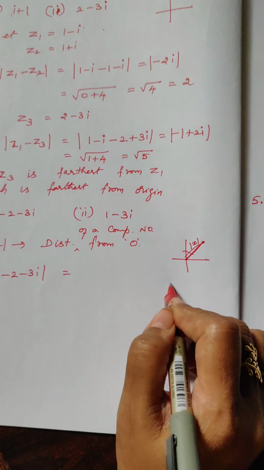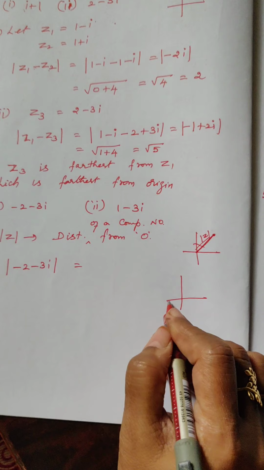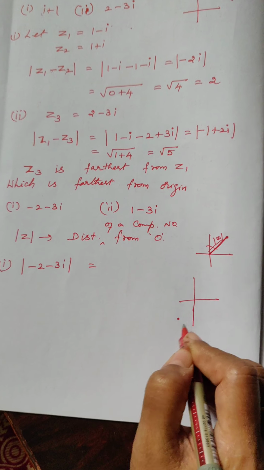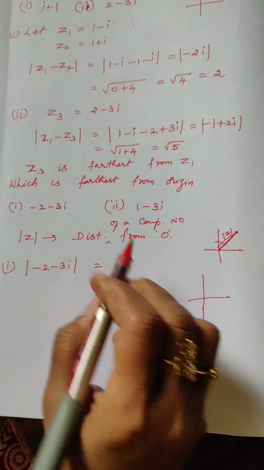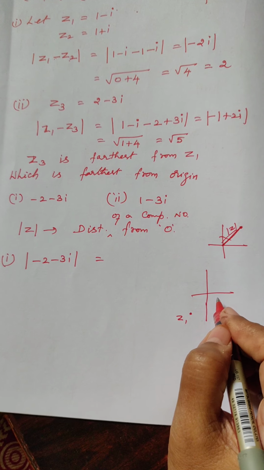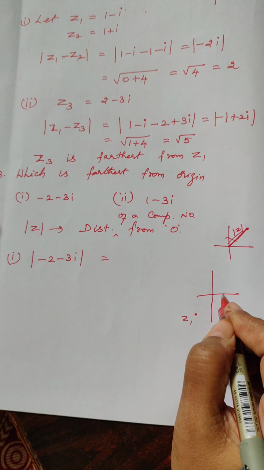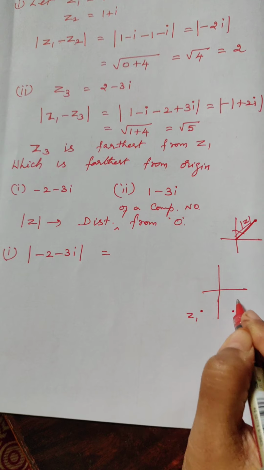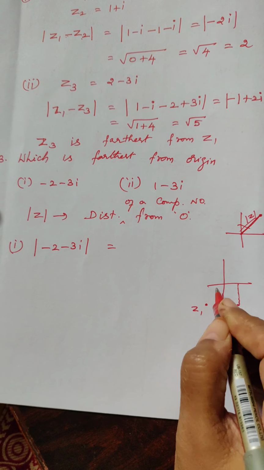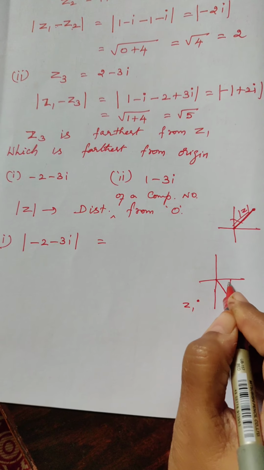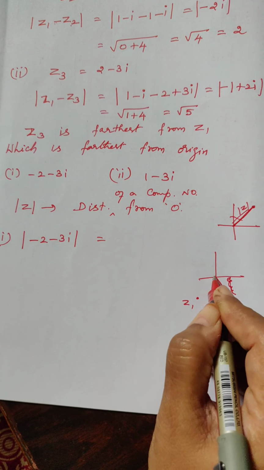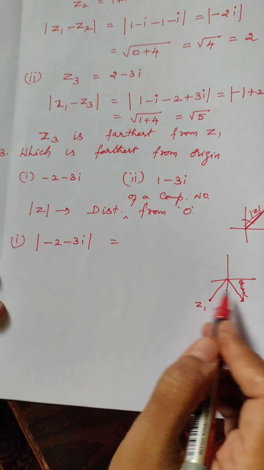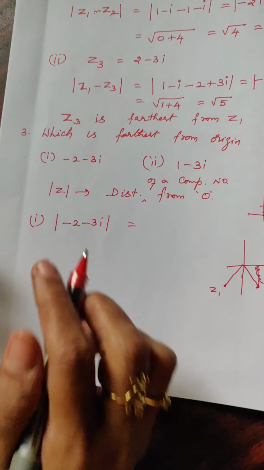Suppose I mark minus 2, minus 3 here, consider this is Z1, and 1, minus 3 is here. So I am going to consider this distance and this distance from the origin. From these two, we are going to check which is longest.